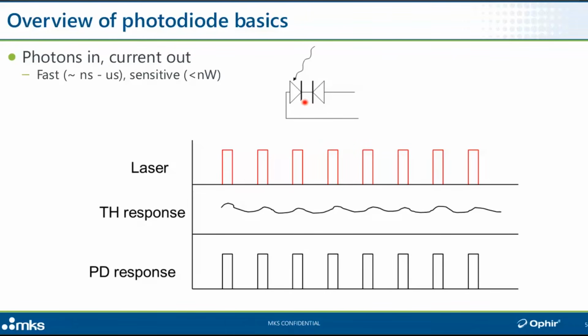These kinds of detectors generally have a very fast physical response time. The response time is on the order of nanoseconds up to microseconds, depending on various factors. They're also quite sensitive. They can be used to measure optical powers in nanowatts, sometimes picowatts. Now, I'm going to focus a little bit on this fast response time, and you'll see why momentarily.